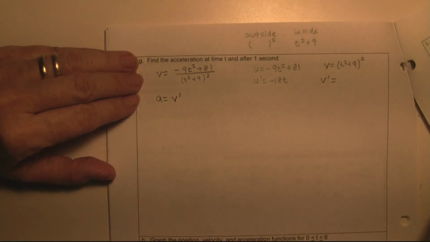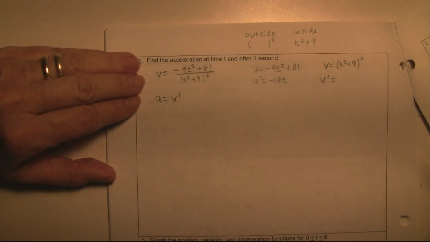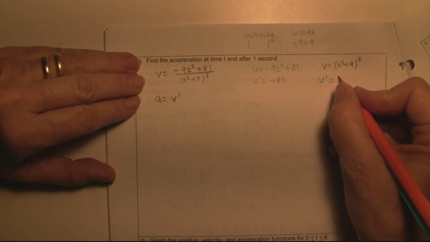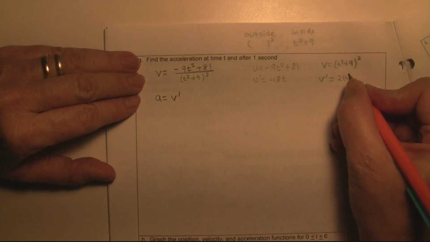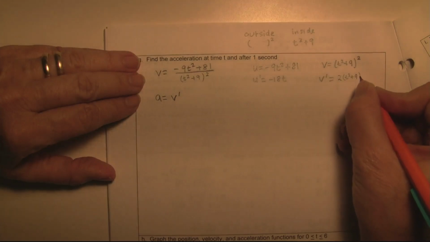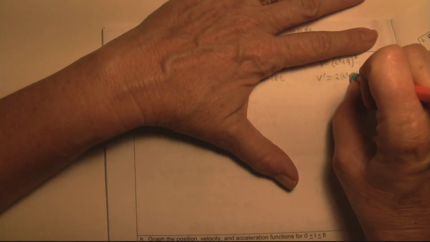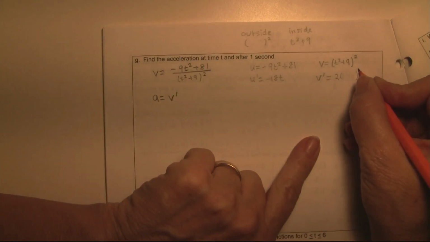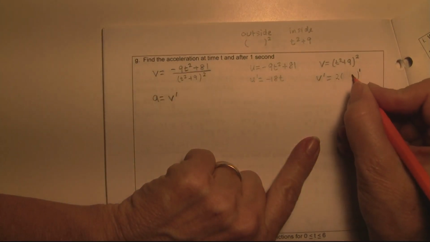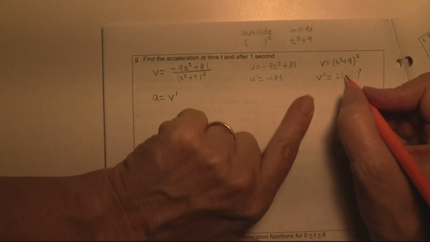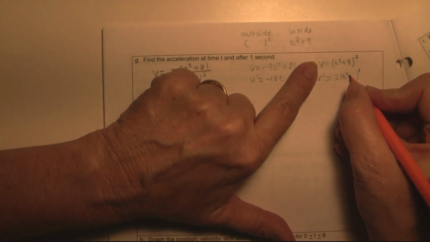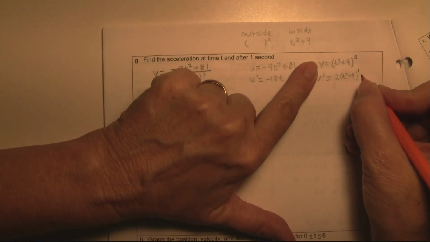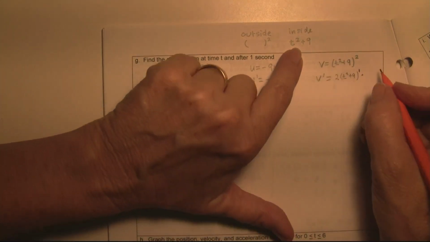And then you take the derivative of the outside, which is 2 times (t squared plus 9) to the 1. I usually write it like this: the 2 comes down in front, leaves the exponent of 1, and we evaluate it at the same inside, t squared plus 9, and then times 2t.